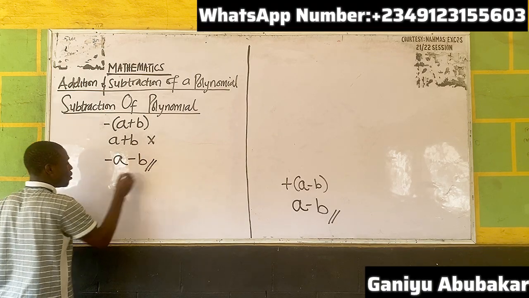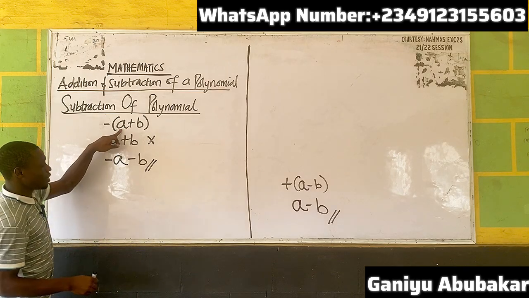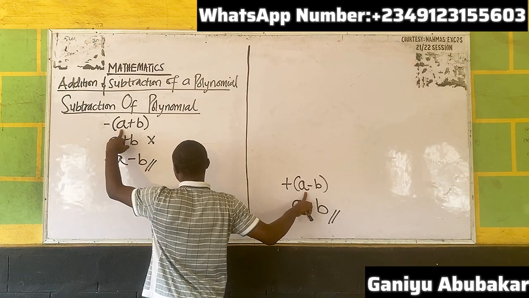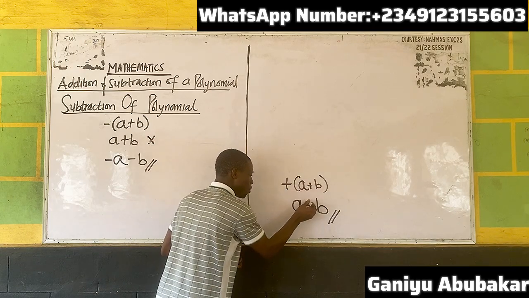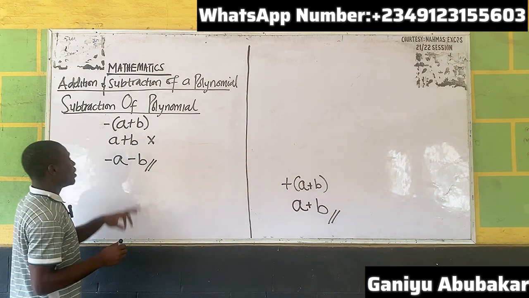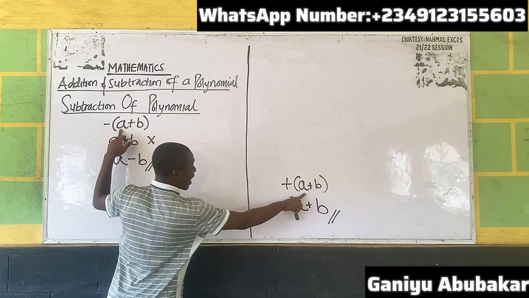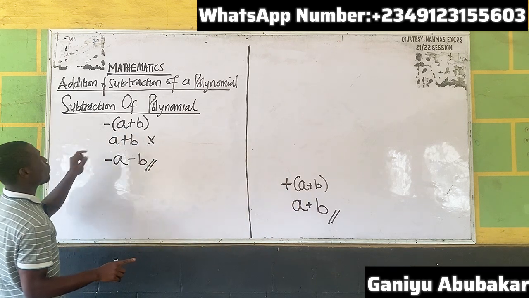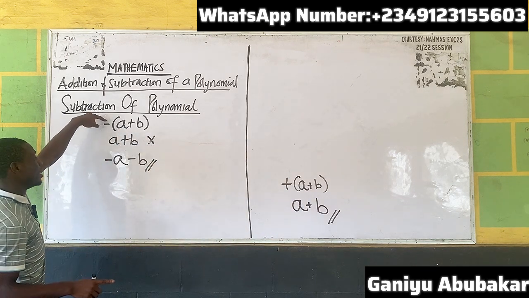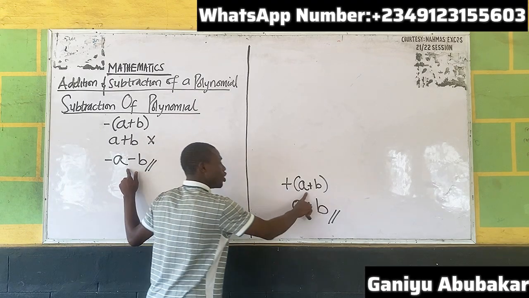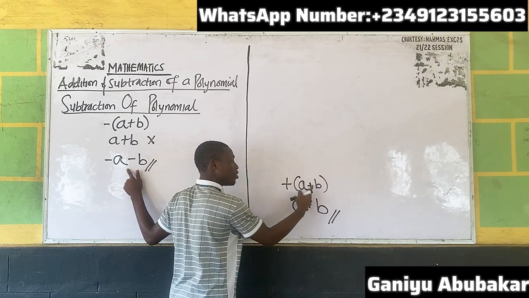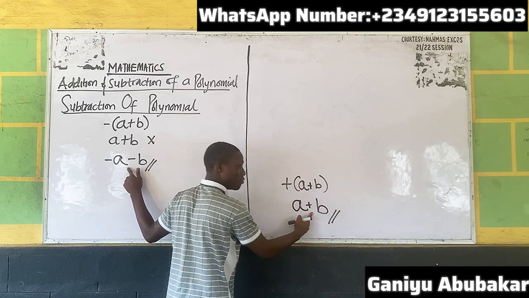So observe the difference. If I put plus here, it becomes plus. Observe, this and this are the same thing, but whenever the sign in front is negative, it affects the terms in the bracket. If it's positive, it does not affect the terms. So here's the catch.